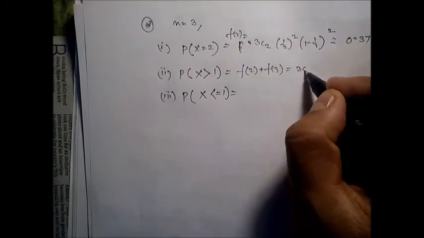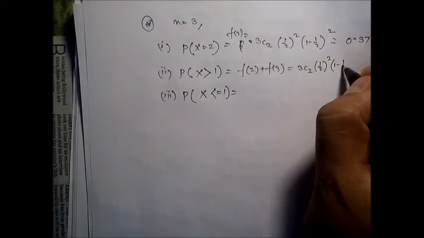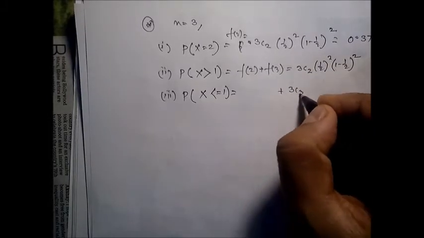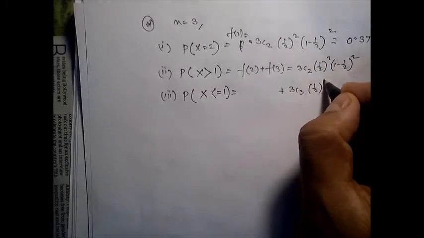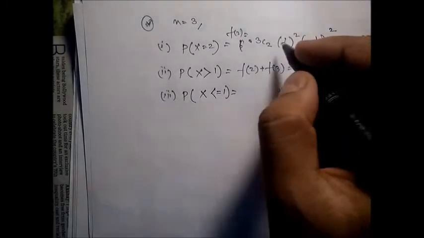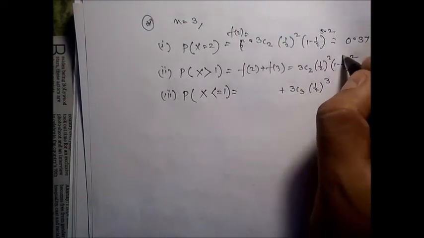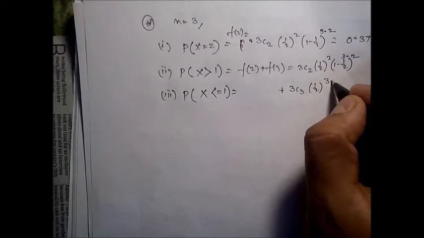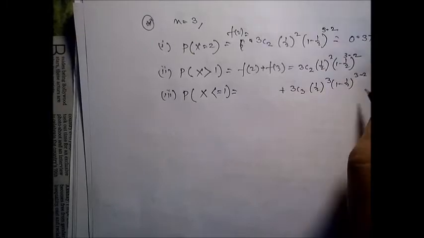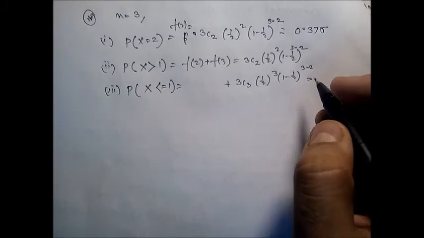So 3C2 (1/2)^2 (1 - 1/2)^(3-2) plus 3C3 (1/2)^3. Sorry, here it should be 3 minus 2, according to the formula. The addition of these two is nothing but our 0.5.